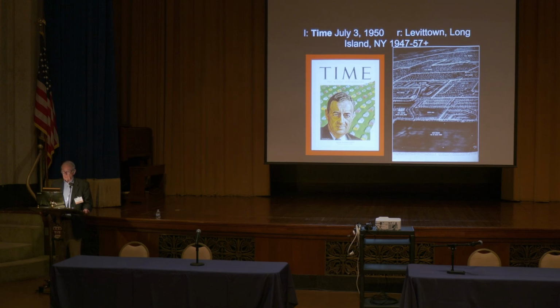And so out on Long Island, and now it's called Levittown, but it was out a considerable distance, he lays out this huge tract, and it is so popular that, of course, as you can see, he winds up here on the cover of Time magazine. And when you get on the cover of Time magazine, that means that you're really important.